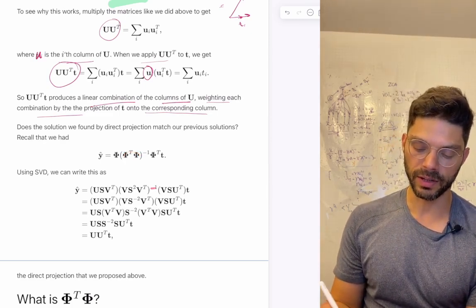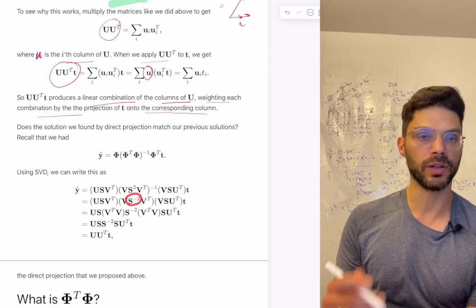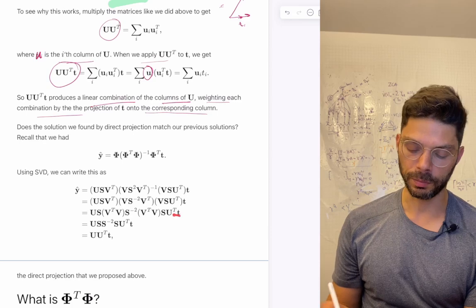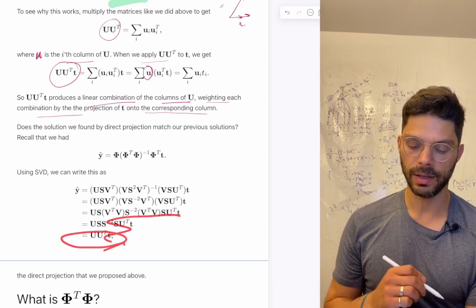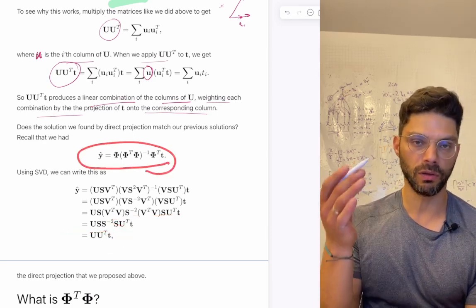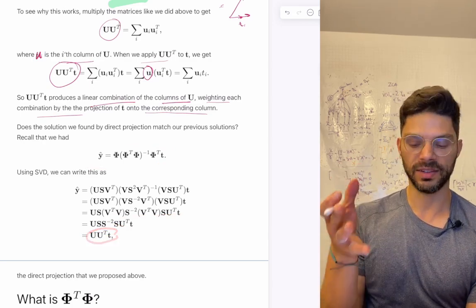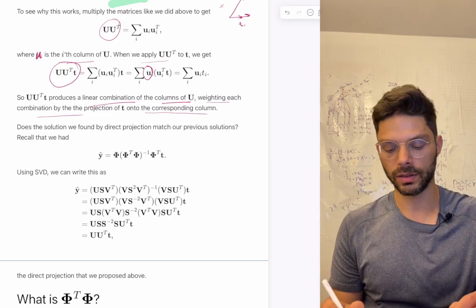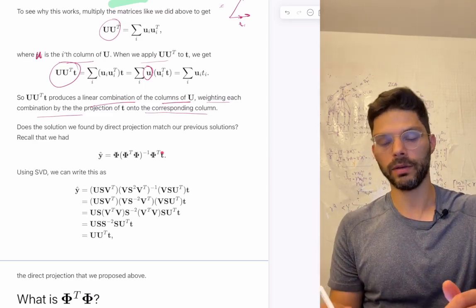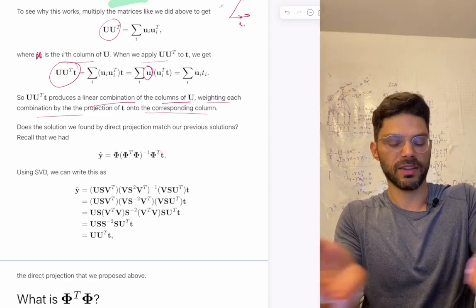When you invert this middle bit, you end up just inverting the diagonal elements. When you multiply all of that out, you get that this formula was doing exactly what we thought: it's projecting the data point onto the span.